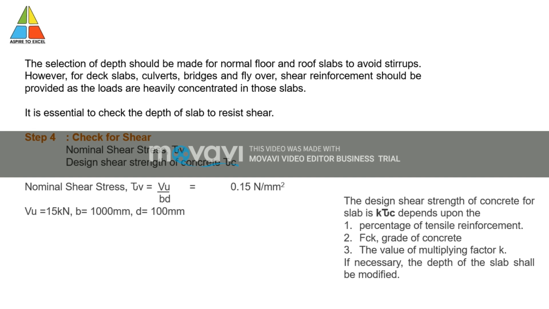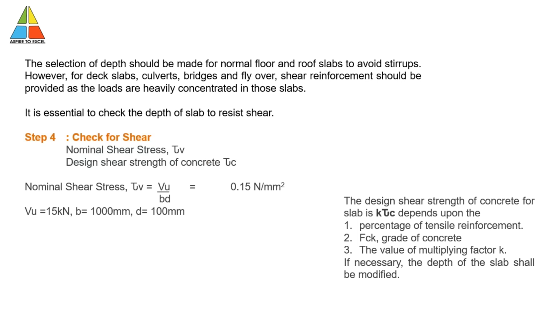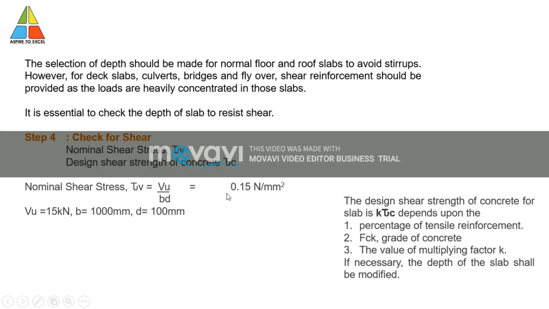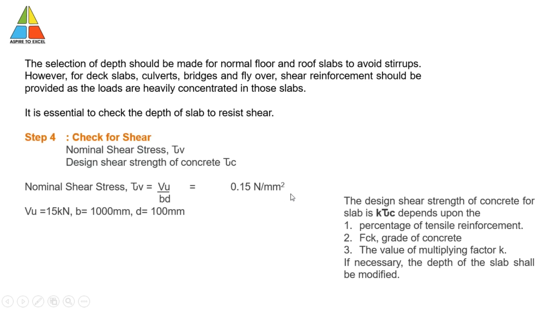This value Vu we calculated in the first slide in the load calculation; it is 15 kilonewton. b as usual is 1 meter, taken as 1000 millimeter. Effective depth is 100 millimeter. So the value of nominal shear stress tau v is 0.15 Newton per millimeter square.